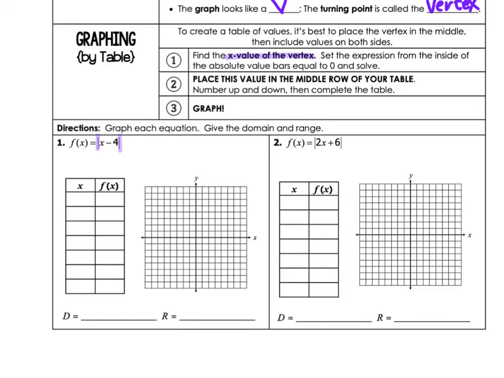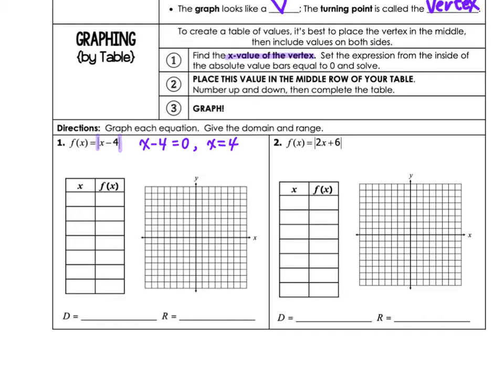So what does that mean? In the first question, you have x minus 4 inside of the absolute value symbol, right? So you set up x minus 4 equals 0 and solve for x, and that should be the x coordinate of the vertex. So adding 4 on both sides, x equals 4.